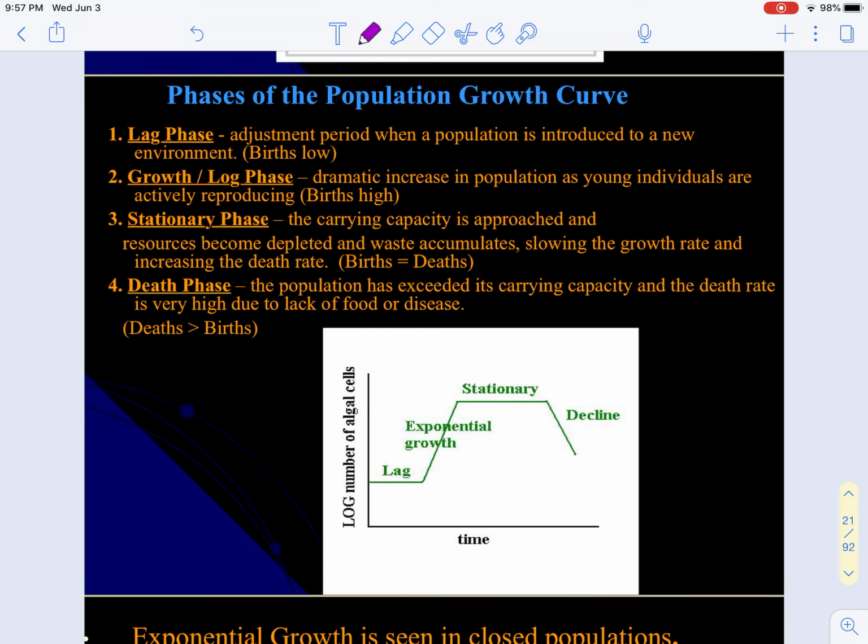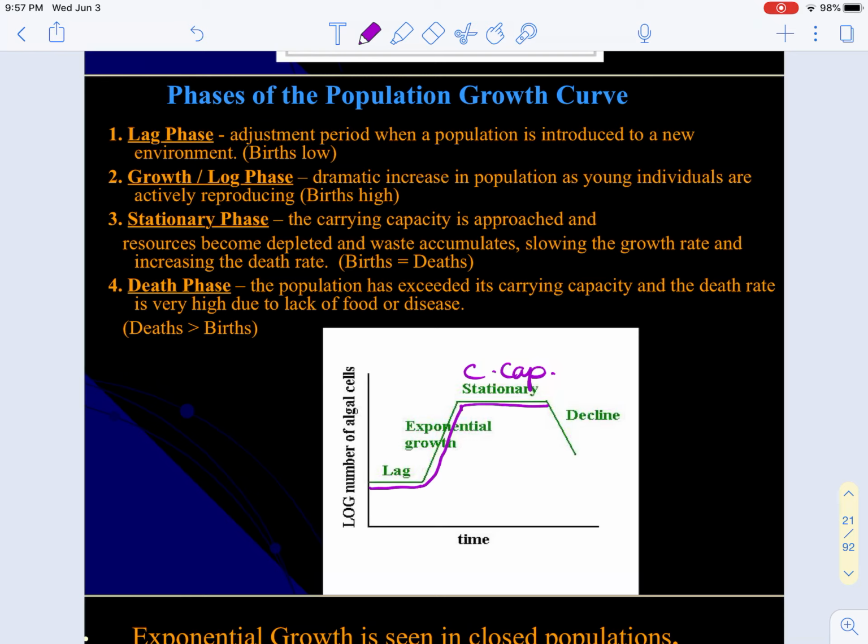So the regular 4 parts of a growth curve: there might be a lag as a population is introduced to a new area, and so they don't have many births, but then they have a growth phase. So births will be pretty high as they're actively reproducing.